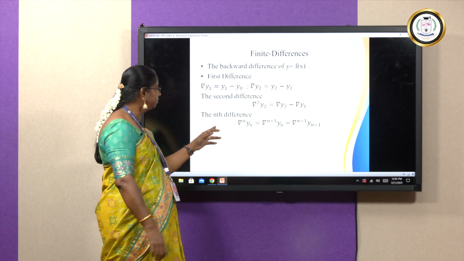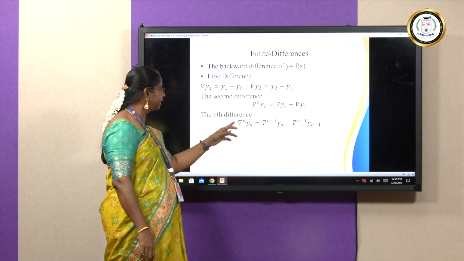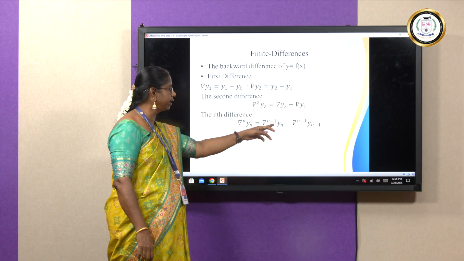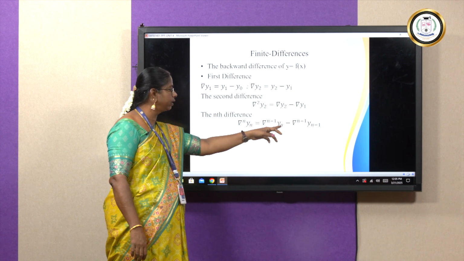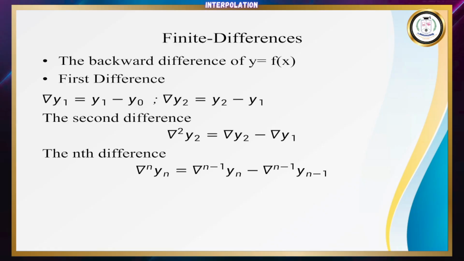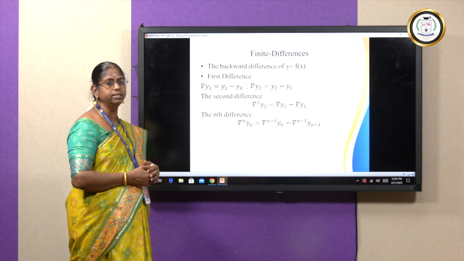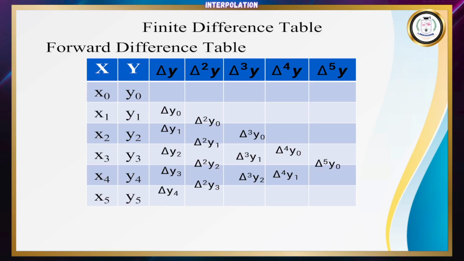And what is my nth difference? Del power n yn is equal to del power n minus 1 yn minus del power n minus 1 yn minus 1. So according to the definition of the forward and backward finite differences, we have determined all these values, and these values we can put in table form.